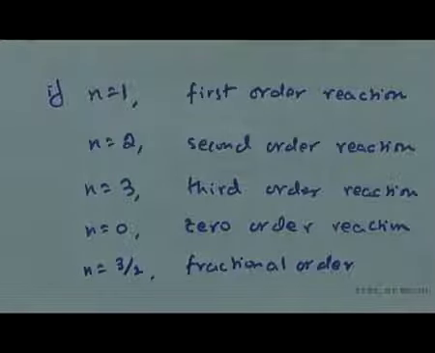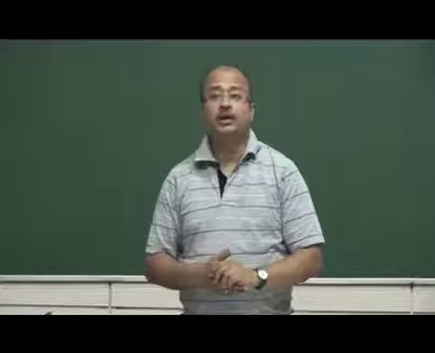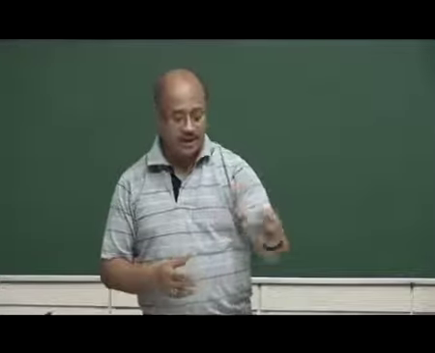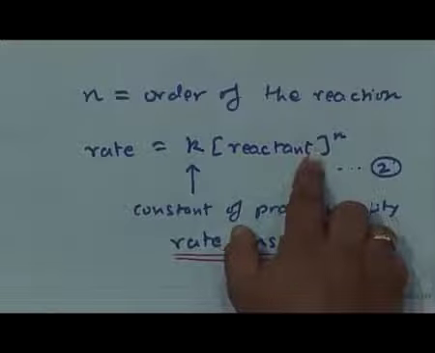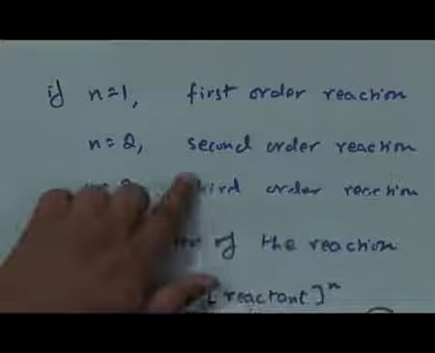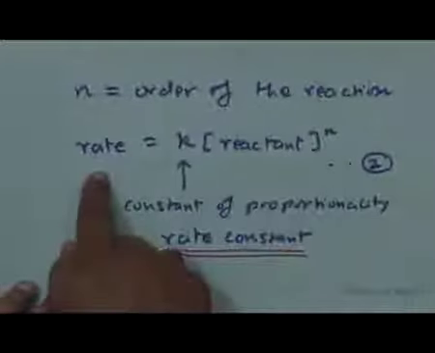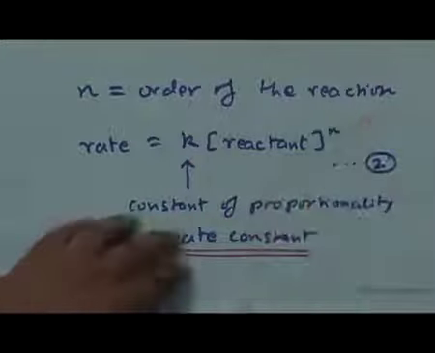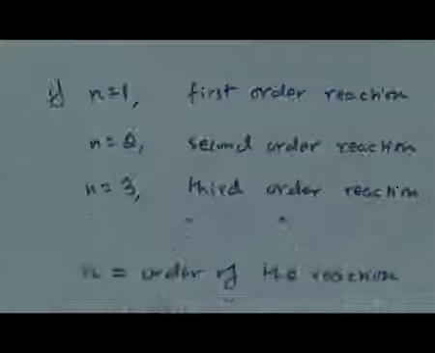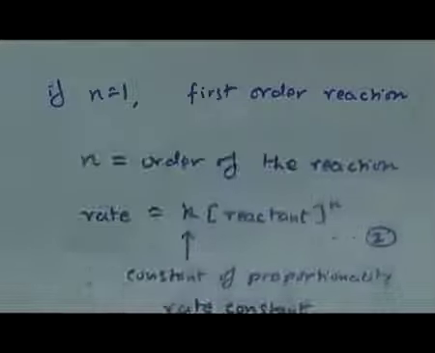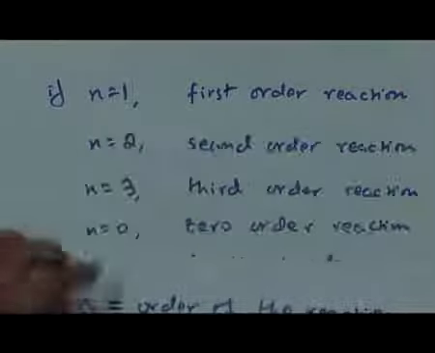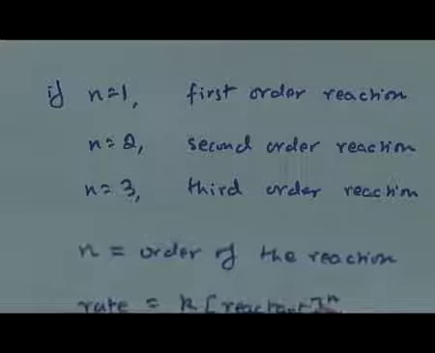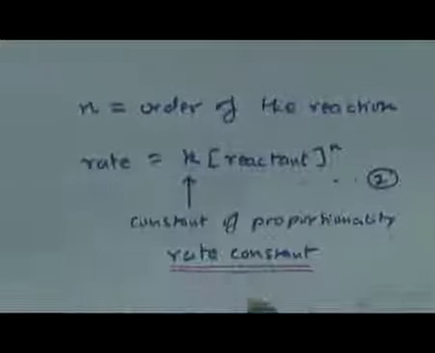Which means that if n is equal to 1, it tells that the rate is equal to k times reactant raised to the power 1. Then if n is equal to 2, it tells us that rate is equal to k times reactant raised to the power 2. Okay. If n is equal to 3, it is a third order reaction, k times reactant raised to the power 3. If n is equal to 0, then it is called a 0 order reaction.